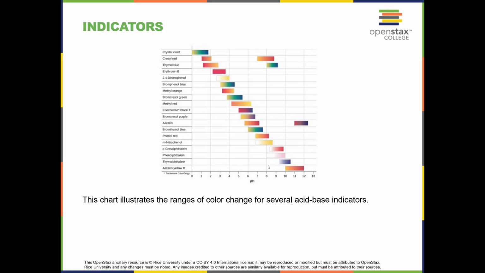I thought it was slightly lower than that. But this is basically just some indicators. Why do we care about indicators? Well, indicators can be used to monitor the progress of acid-base reactions. And as I mentioned a minute ago, in 2 of the 3 sections of this chapter, we're going to talk about acid-base reactions. So these are a way to monitor those reactions.